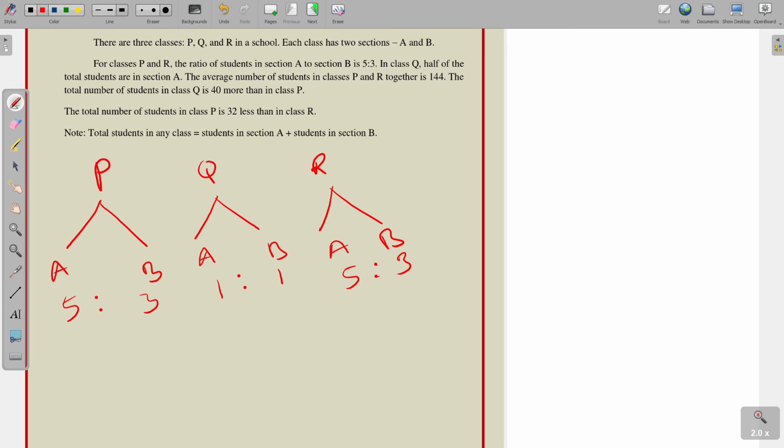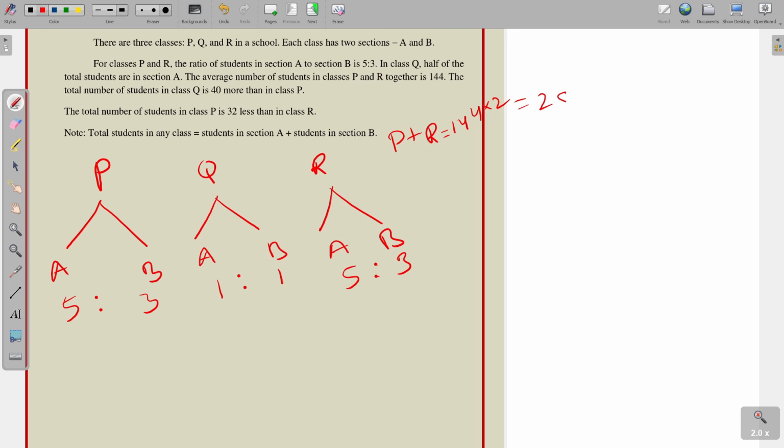Next one, the average number of students in class P and R together, that is P plus R, equal to 144. Average means into 2. P plus R is 144 into 2.